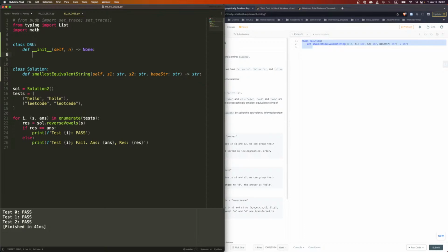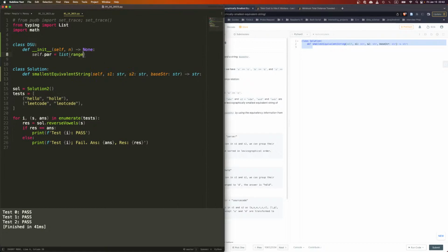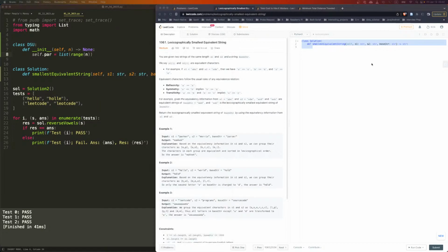What parent usually is range. I mean, these are letters. Letters, they are a range, so it's fine. So parent is list of range n, and n is going to be 26.